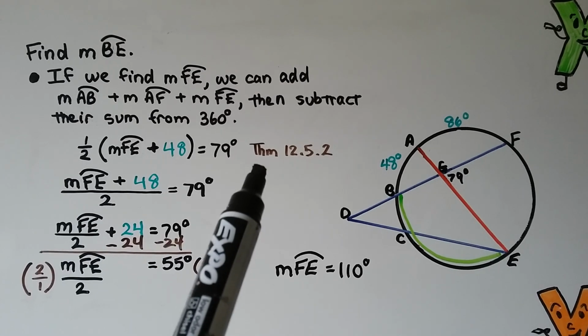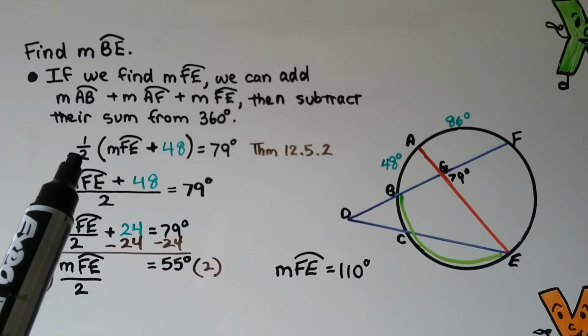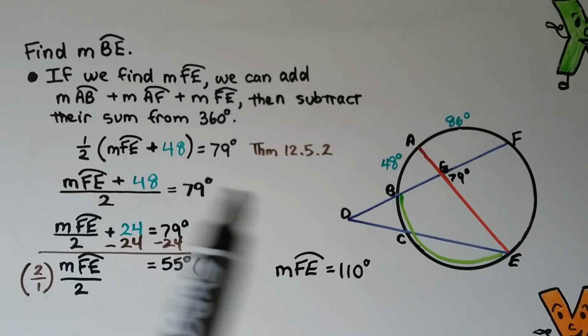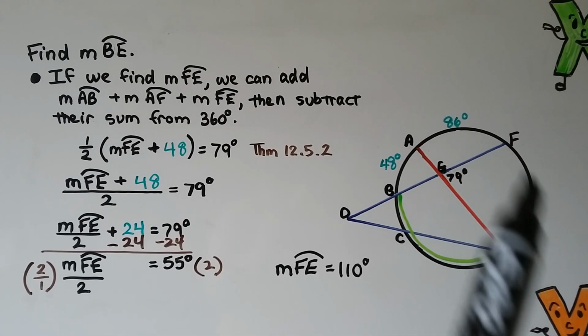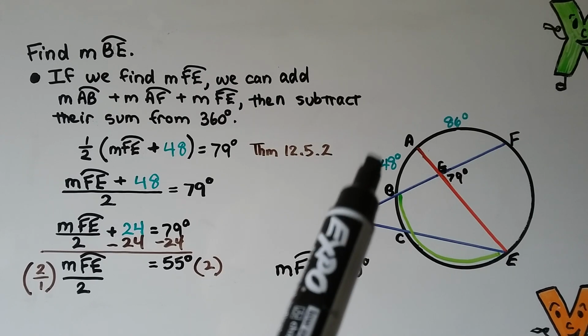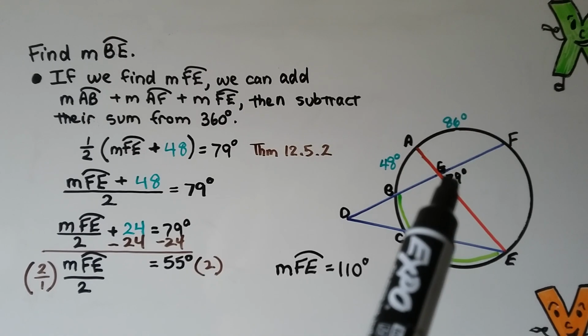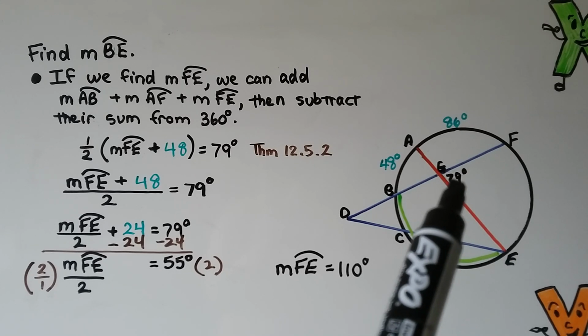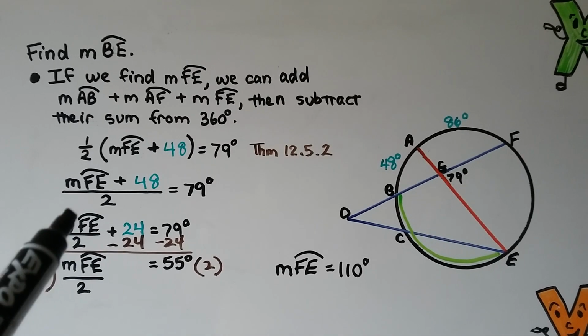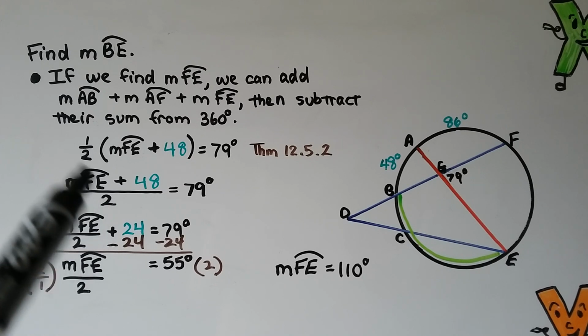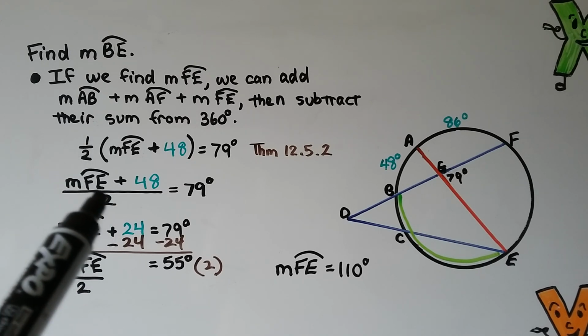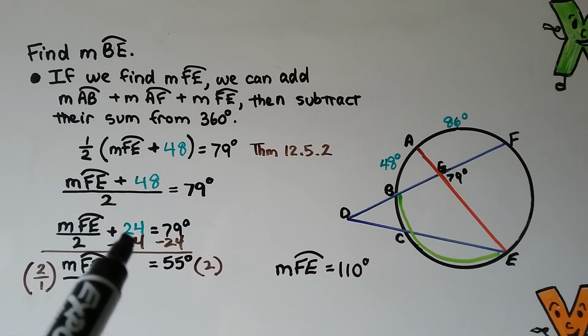So, using theorem 12.5.2, half times the measure of arc FE plus this arc measure, this 48 degrees, is going to equal this 79-degree interior angle right here. We can write the whole thing over 2 to get rid of that fraction. And 48 divided by 2 is 24.